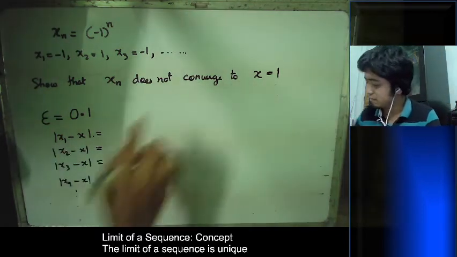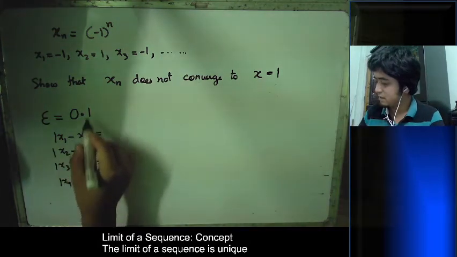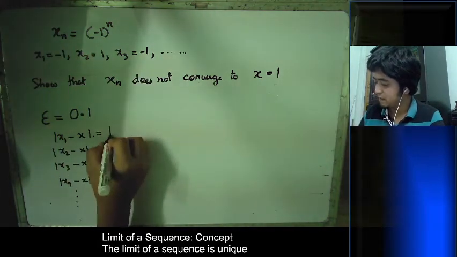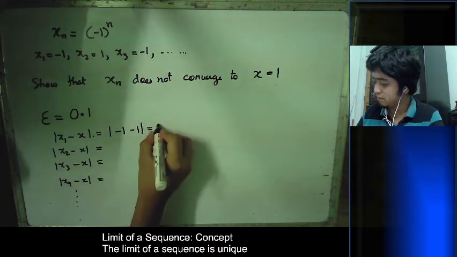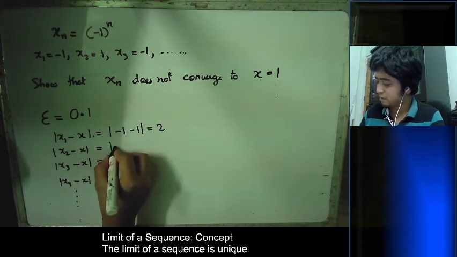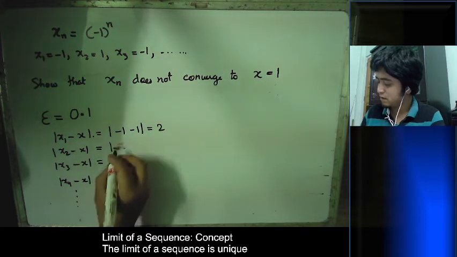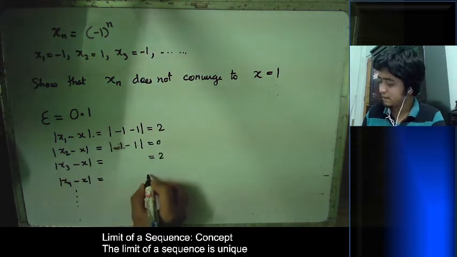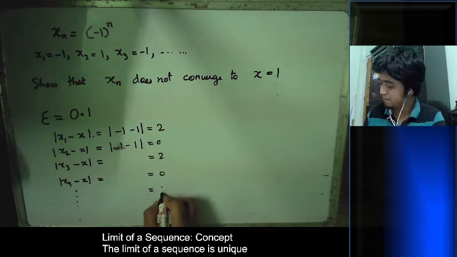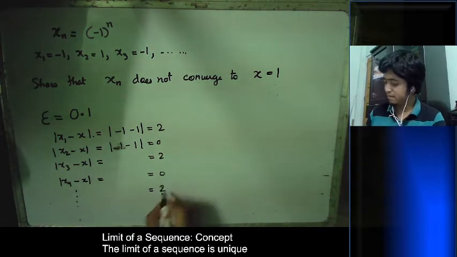So x is equal to 1, and x1 minus x is minus 1 minus 1, which has absolute value 2. And if you calculate the next one, 1 minus 1 is equal to 0. So it keeps on alternating, 2, 0, 2, 0, in this way.